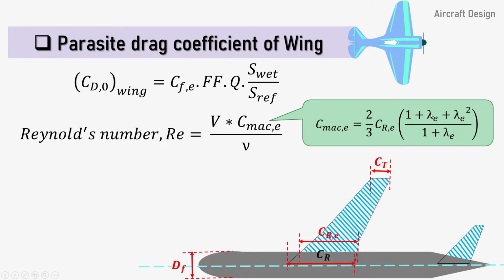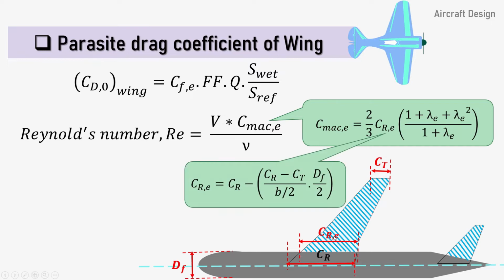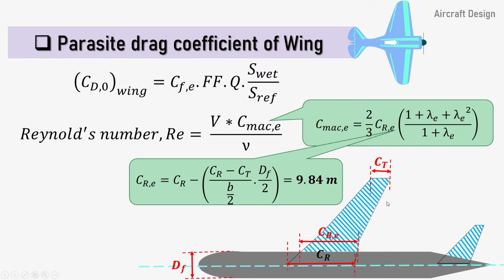We find CRE using the formula CRE equals CR minus (CR minus CT) by B by 2 times DF by 2, where CR is 10.5 meter, CT is 3.15 and DF equals 5.78 meter. And B is the basic span, that is 64.32 meter, which we opted for in the wing design. Substituting all the values, we get CRE about 9.84 meter.